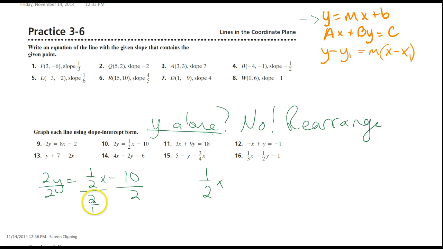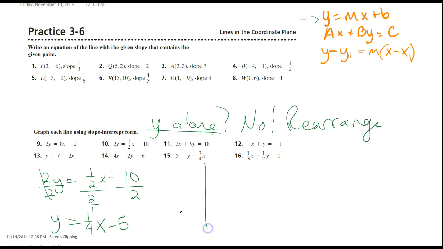So I pick up the bottom fraction, flip it over, and there you go. 1/2 times 1/2, and my answer is 1/4. So now I've got y alone on one side of the equal sign, 1/2 divided by 2 gives me 1/4 x, and now negative 10 divided by 2 would be negative 5.